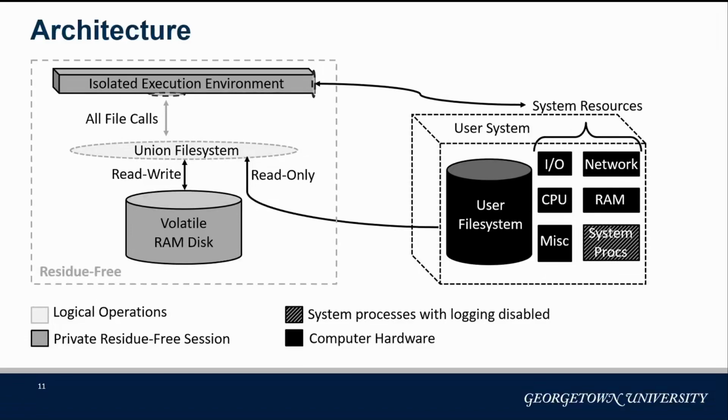While doing this, we want to keep residue-free as lightweight as possible. An implementation could conceivably reinitialize many of these services inside residue-free, but that may cause interoperability problems. So residue-free dials things down, or in very technical terms, makes the operating system cranky. After residue-free exits, the implementation needs to ensure that all residue in RAM is made inaccessible as quickly as possible.